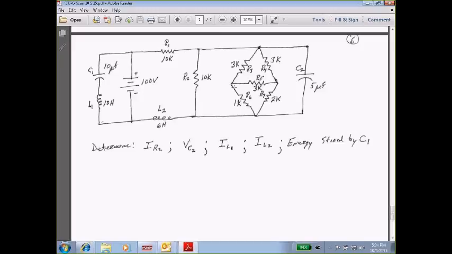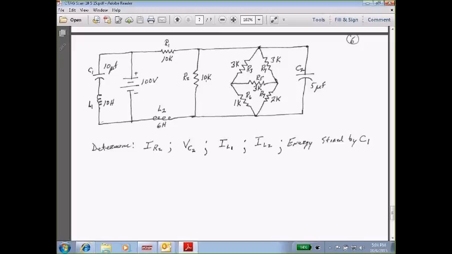So 1 plus 1 is 2, and over here you have 1 plus 2 is 3. So you've got 2K in parallel with 3K. 2 times 3 is 6, divided by 2 plus 3 is 5. That's 1.2K, plus the 1K, which is this top resistor that is in our Y connection now. That's 2.2K. So that whole grid circuit becomes 2.2K.